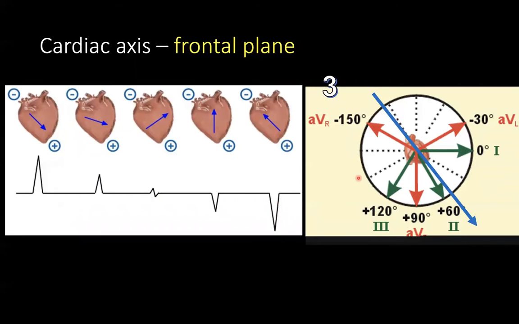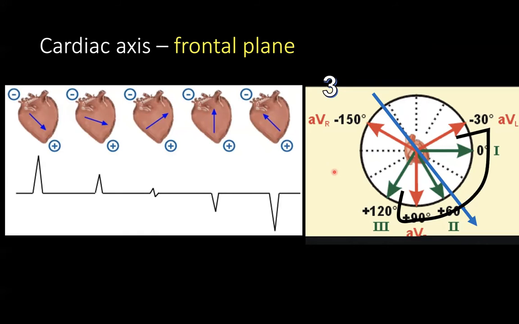There are 2 cardiac axes, the frontal plane and the horizontal plane. The frontal plane, we know, is the cardiac axis diagram. There is AVR, AVL, AVF, lead 1, 2, and also 3. The cardiac axis diagram becomes the third clue of the ECG.